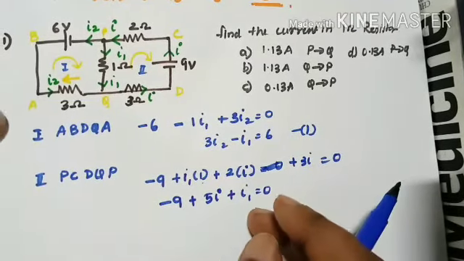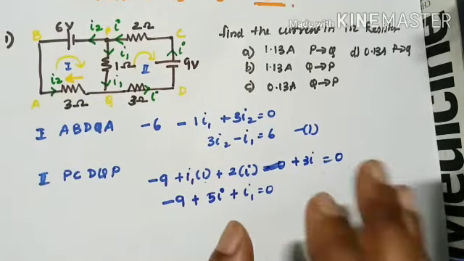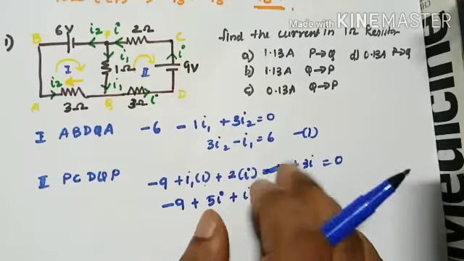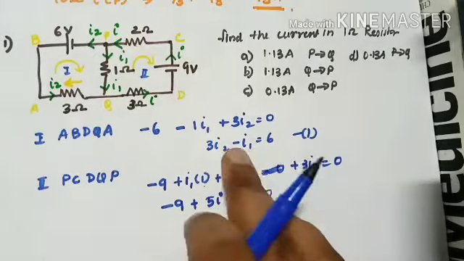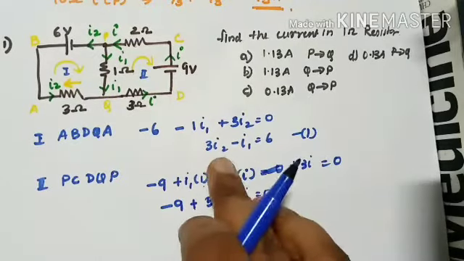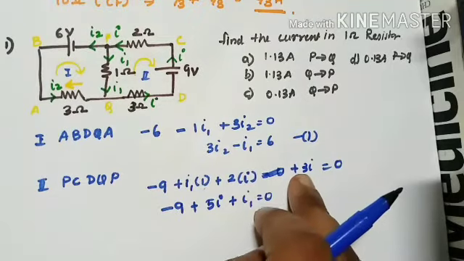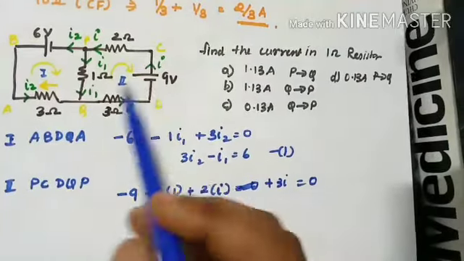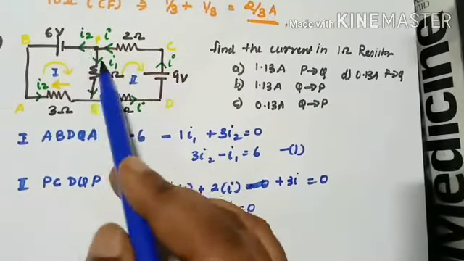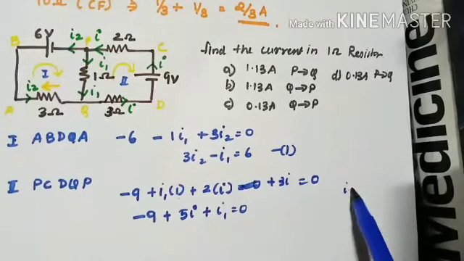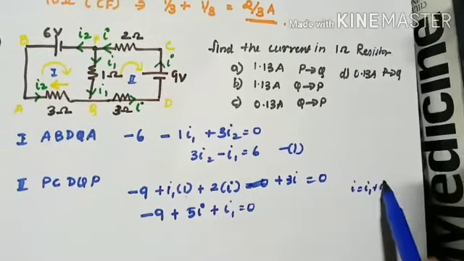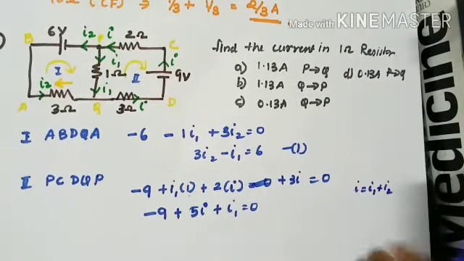See guys, whenever you are getting an equation, it is very easy if you have only 2 variables, right? So there are 2 variables here, I1 and I2, but then you will say there is another variable I, right? So I'm going to write I in terms of the figure itself. I is I1 plus I2, right? I is equal to I1 plus I2. From the figure itself, this is what we made.